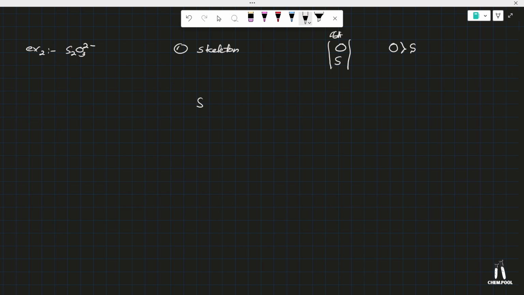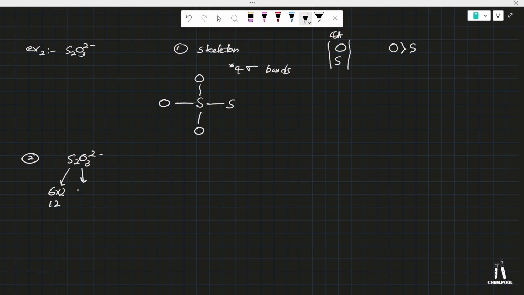Then it's the central atom, and it's combined with one sulfur atom and 3 oxygen atoms, like this, right? Then you can see there are 4 sigma bonds. I write this one here, like this. Another step is to calculate the valence electrons here. 2 sulfur atoms, 6 by 2, 12.